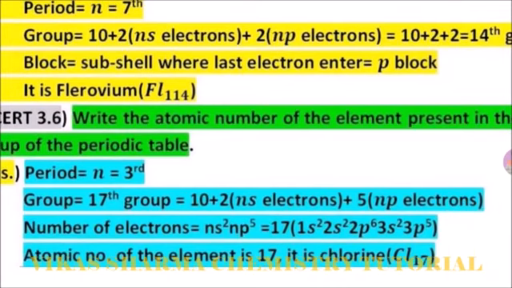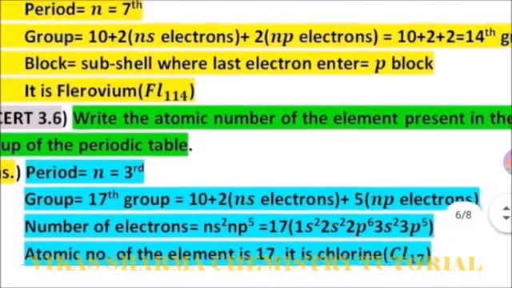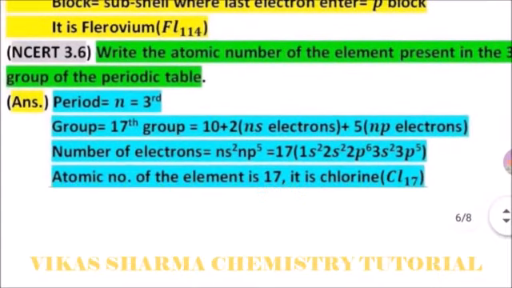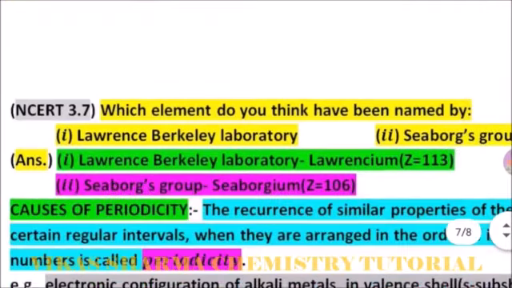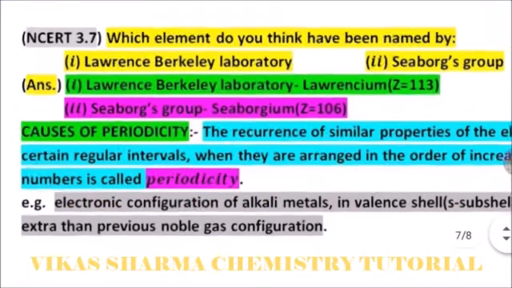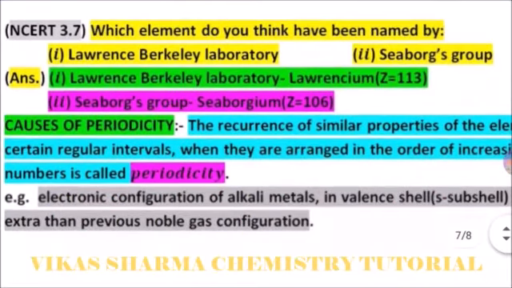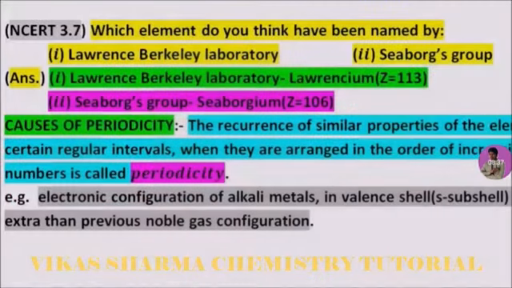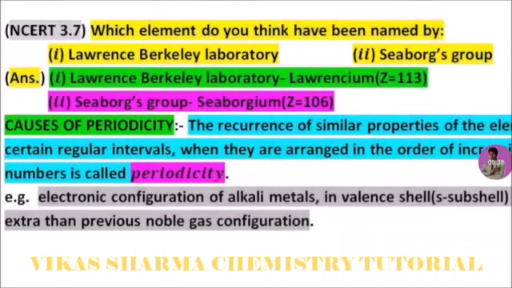So the atomic number of the element is 17, and the element is chlorine, whose mass is 35.5. Next, the NCERT 3.7 question: which elements have been named after Lawrence Berkeley Laboratory and Seaborg's group? Lawrence Berkeley Laboratory gives lawrencium, and Seaborg's group gives seaborgium, Z106.